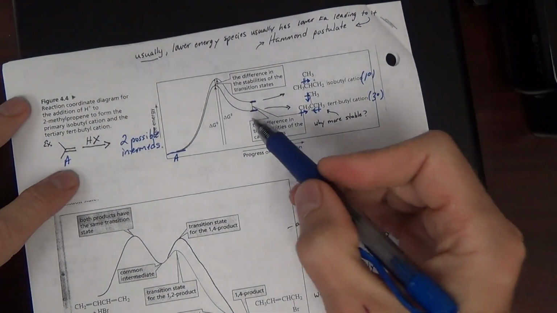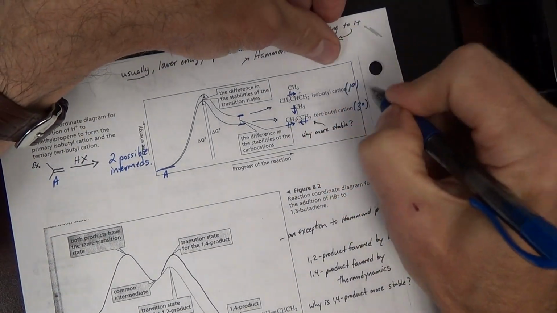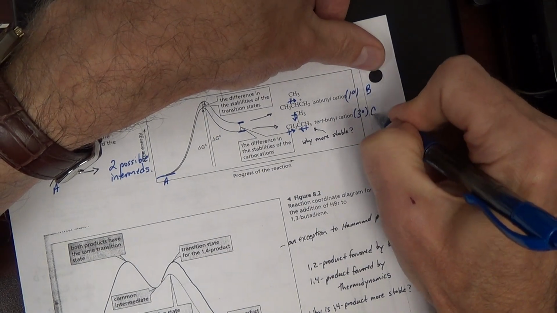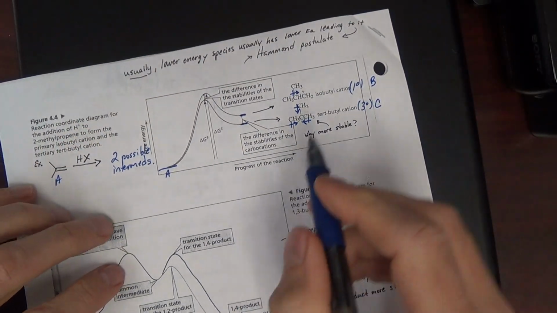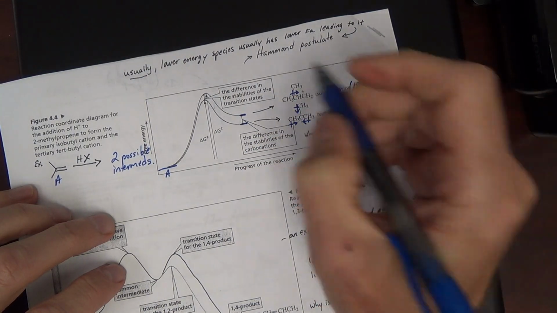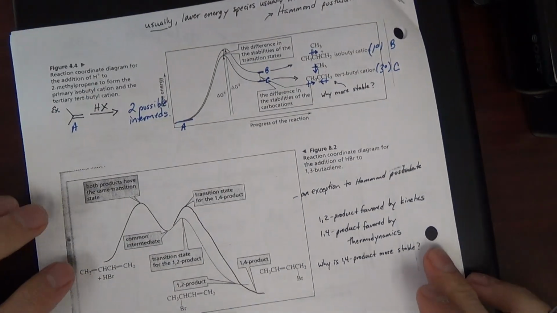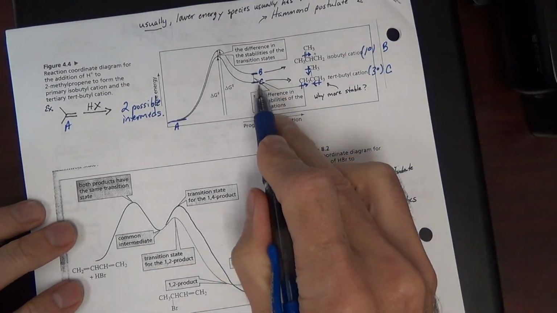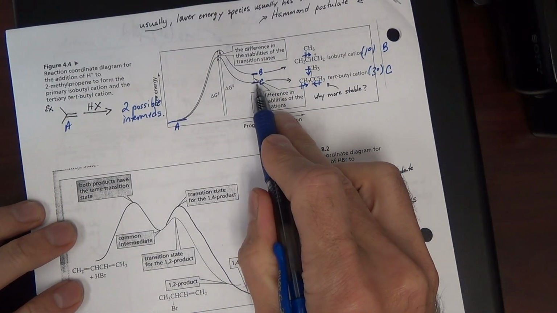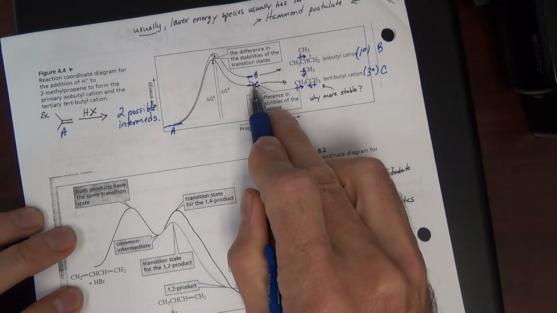Now a question that we could ask over here is, let's call this one B and this one C. Which intermediate is most likely to be formed? Hopefully that's pretty obvious. The answer is C.